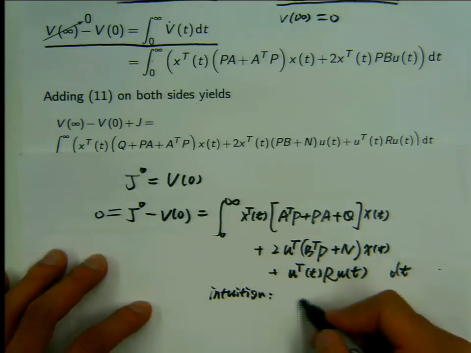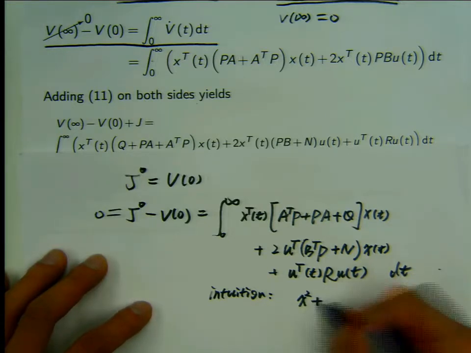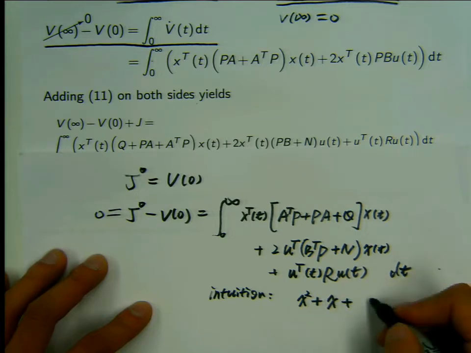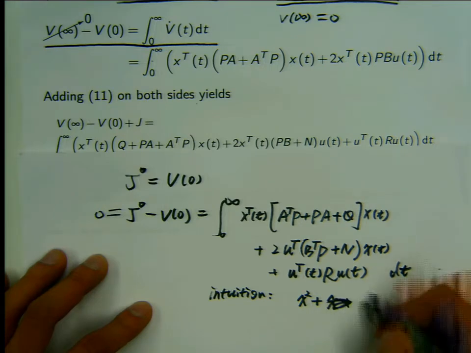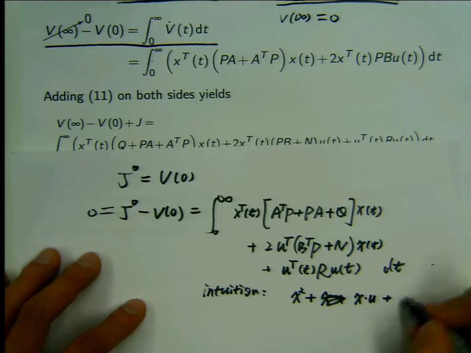If I ask you how can we minimize x squared plus, let me think about this example, x squared plus x times u plus u squared.